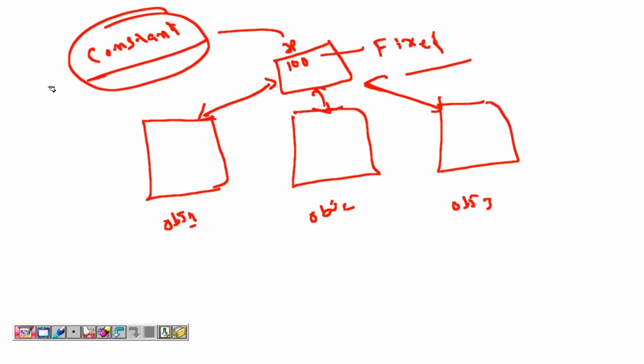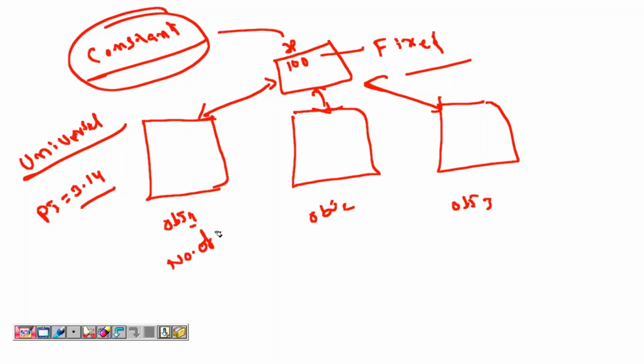Can you give me some examples for constants? 3.14. Generally, universal fixed values we go for as constants, like pi equal to 3.14. Wherever you go, same standards: speed of light, number of hours per day, 24.